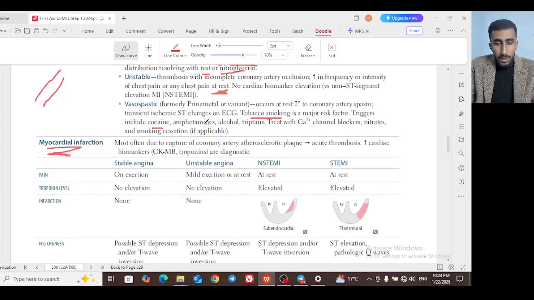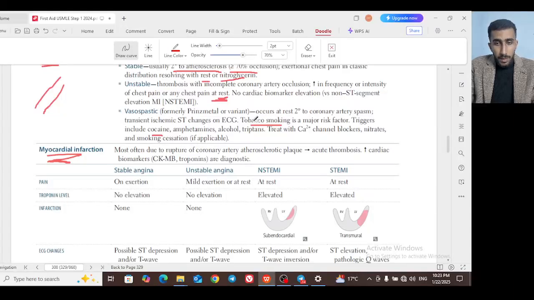These precipitating factors, tobacco smoking, again cocaine, amphetamine, alcohol, and triptans, may cause constriction of the coronary vessel, and so the blood supply is cut off. So you have vasospastic angina. This has nothing to do with exertion. Again, it occurs at rest.